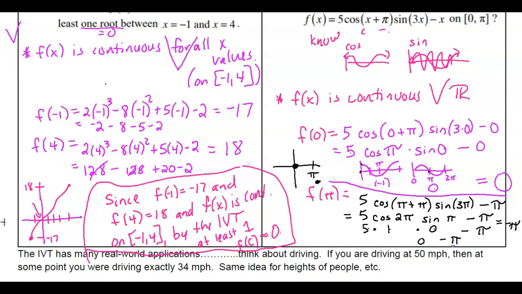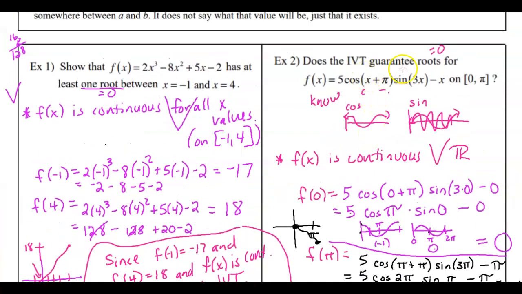Okay, and we know our graph is continuous. So it could look like this, worst case scenario. And so all it says is, does it guarantee roots on this closed interval? Remember, a bracket means you can include the endpoints.